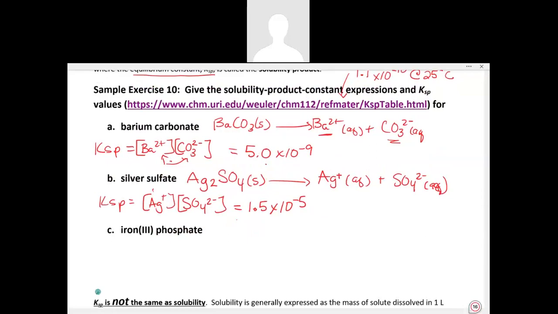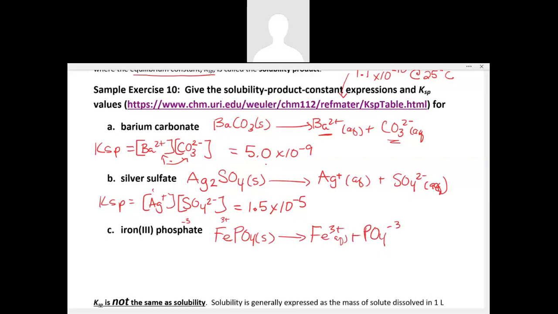So last but not least, we have our iron 3 phosphate. So that would mean that this is +3. Phosphate, I know, is -3. So this is our solid here, FePO4. When this ionizes, I'm going to get Fe3+ and PO4 3-.